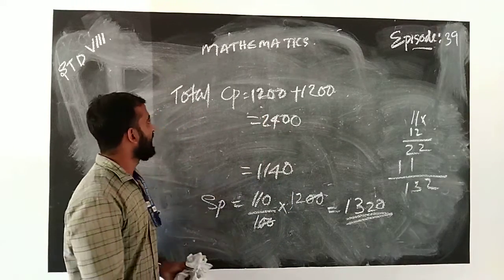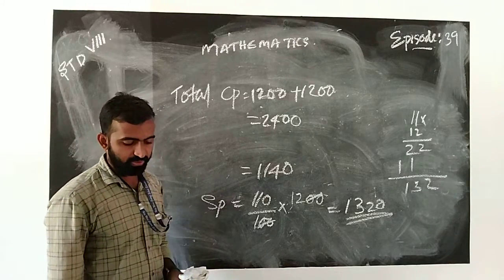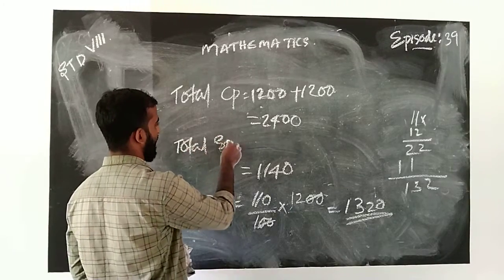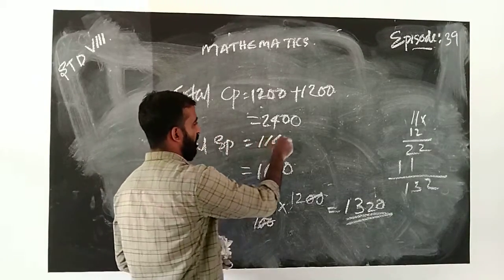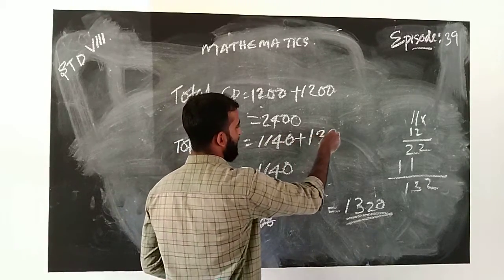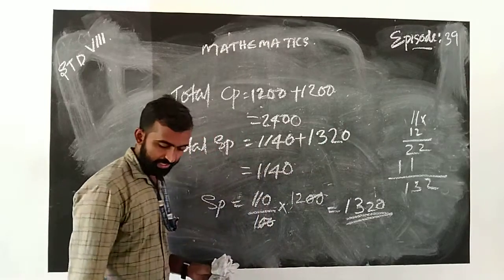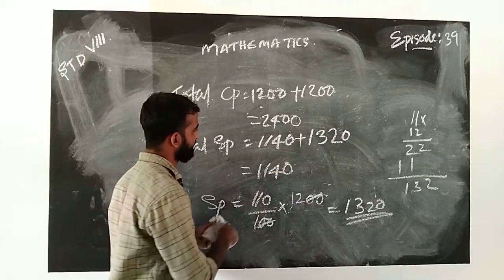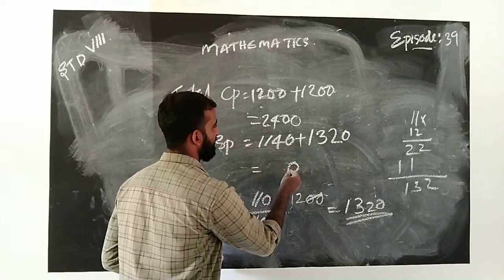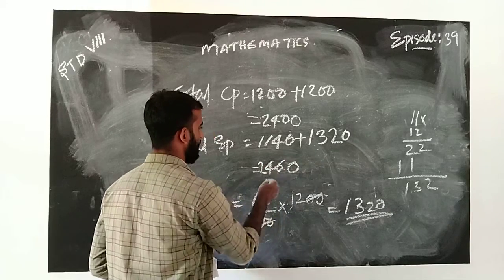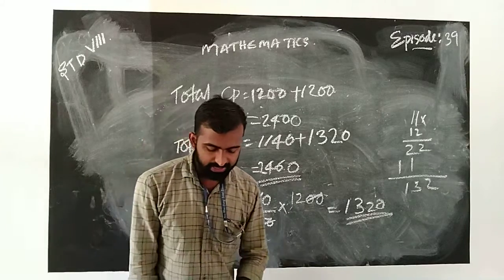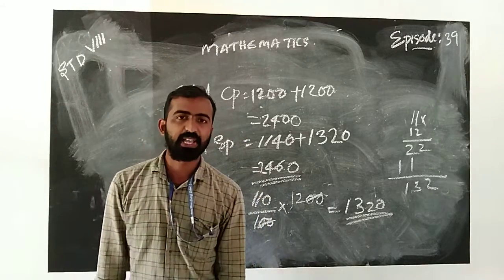Next we take the total selling price, equal to 1140 plus 1320. That is 2460, the total selling price.